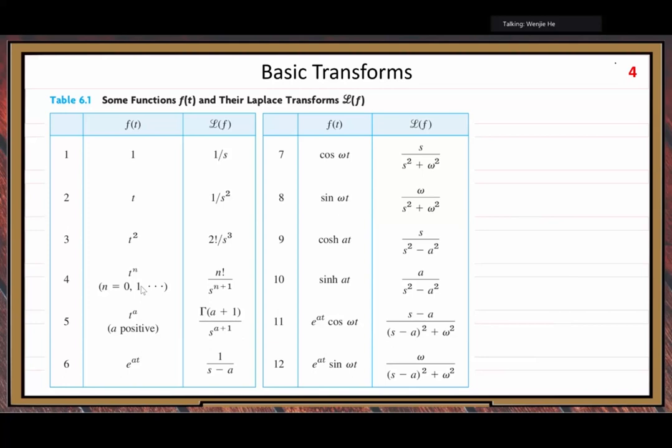The gamma function is given in integral form, written as some integral expression, but an explicit formula could be very complicated. So here we use the gamma function.